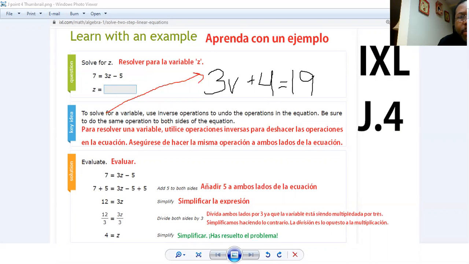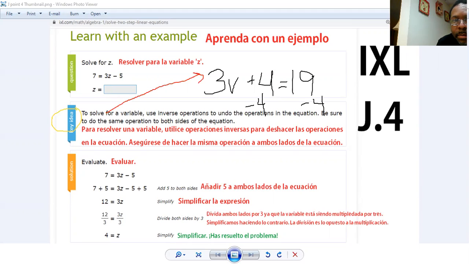Good. The first thing we want to do is move the 4. To do that, we do the opposite. This is a plus 4. The opposite is minus 4. So we minus 4 on both sides of the equation.